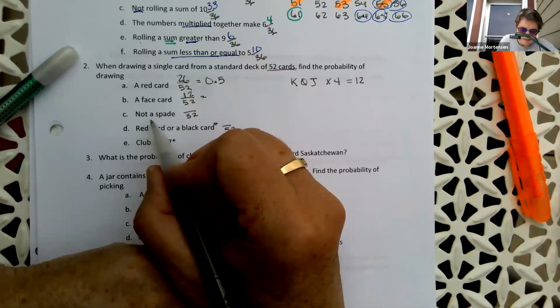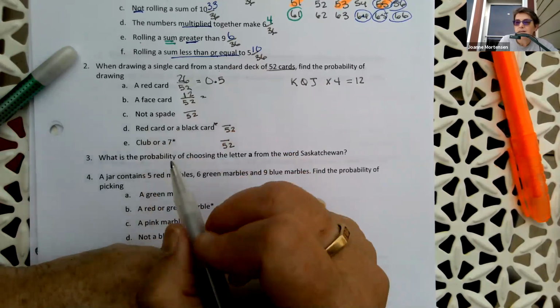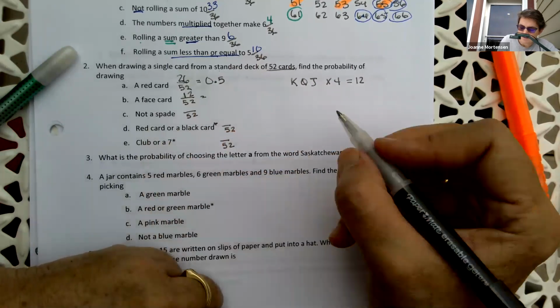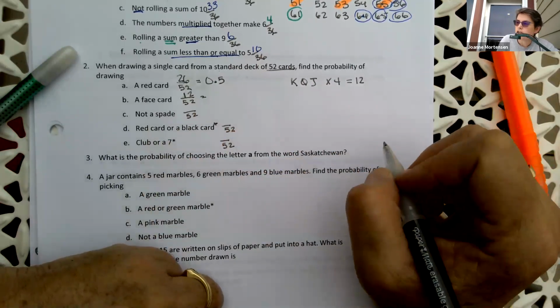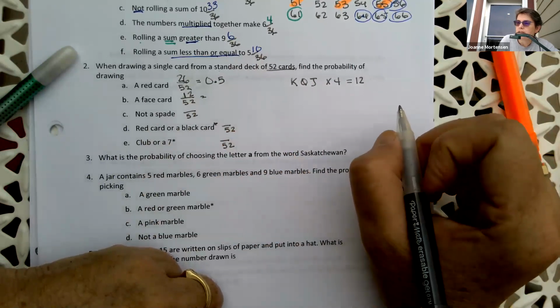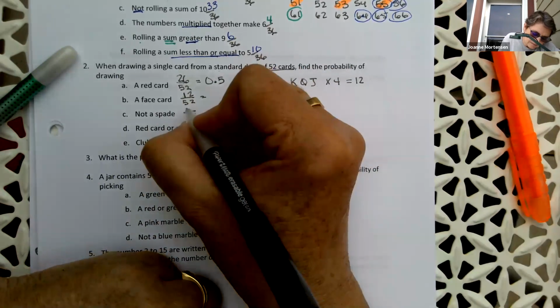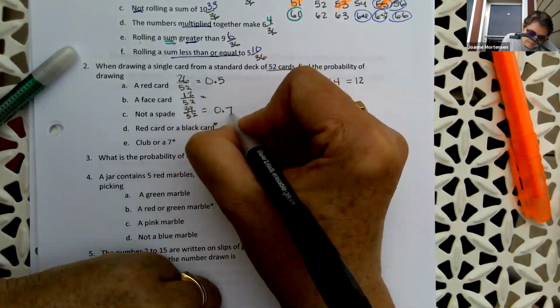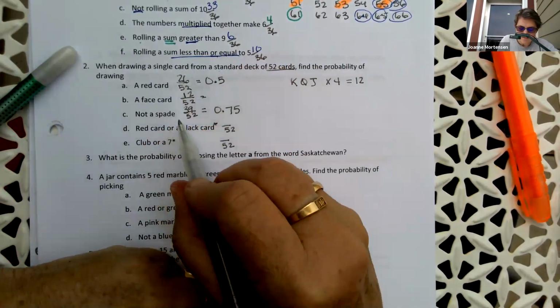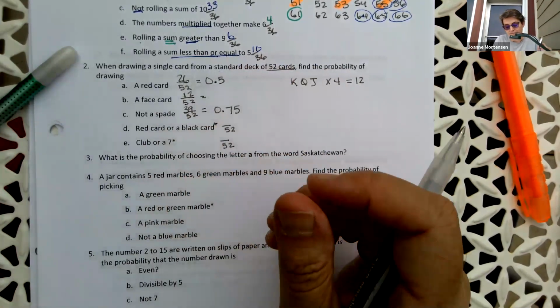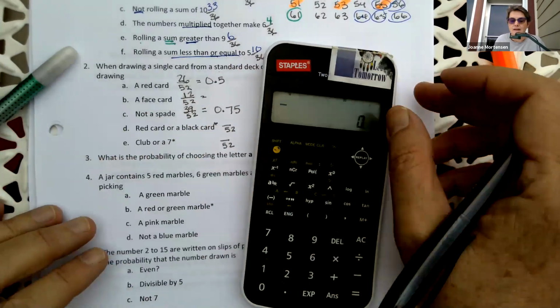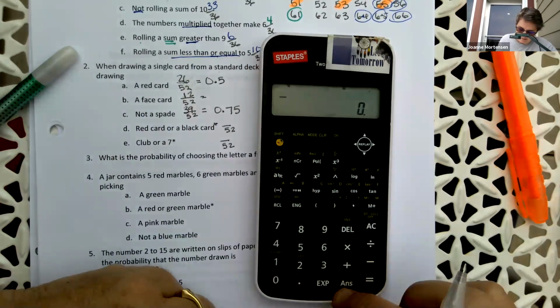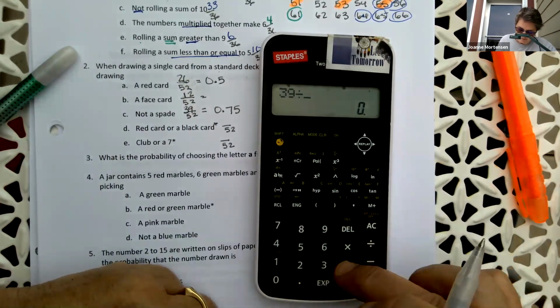Not a spade. Okay, so there's 52 cards altogether, minus 13 should give me 39. Now, I better check because I'll feel really bad if that's wrong. 39 out of 52.